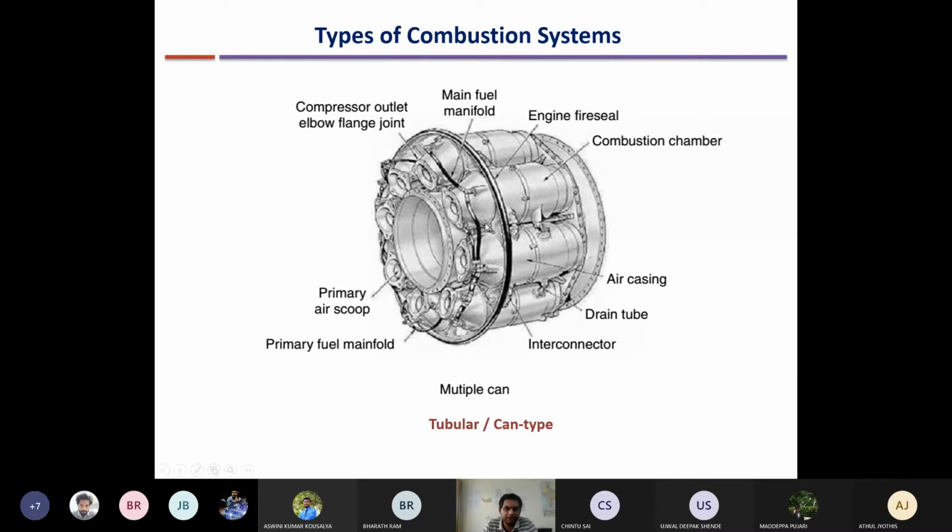But this adds to the weight of the system, and considerable weight is added. One more advantage is that once you design one combustion chamber, all the others are similar. So designing is slightly easy, since you only need to design one of them and similar designs are used for all the others.